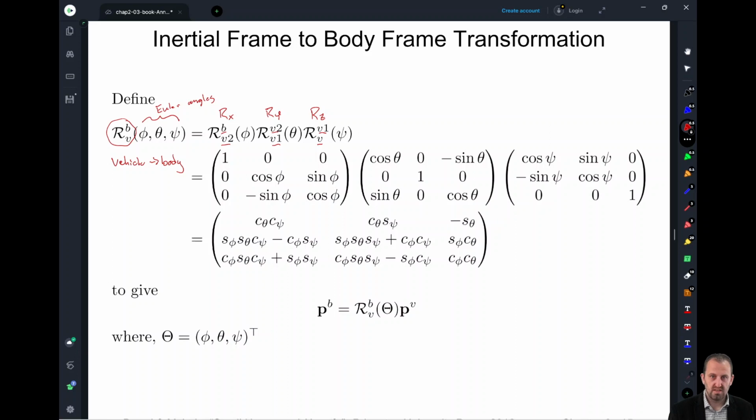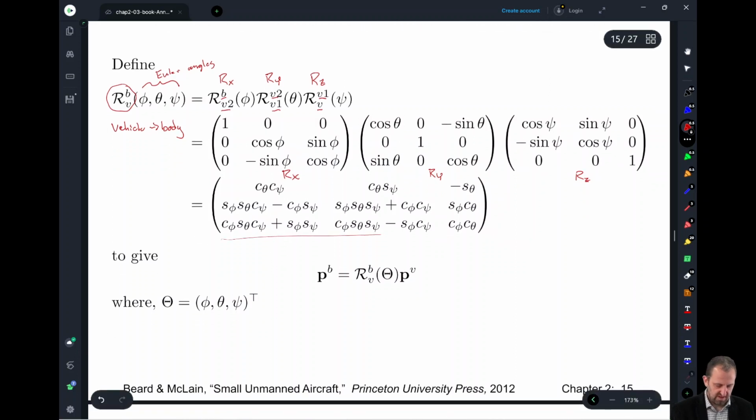You could use up to, I think, 12 total possibilities for Euler angles. So just because somebody gives you an Euler angle doesn't mean it's the Euler angles that we're using. Again, we can see that this is RZ, this is RY, and this is RX. Those are our elementary direction cosine matrices. We multiply them together and we get just this function of phi, theta, and psi.